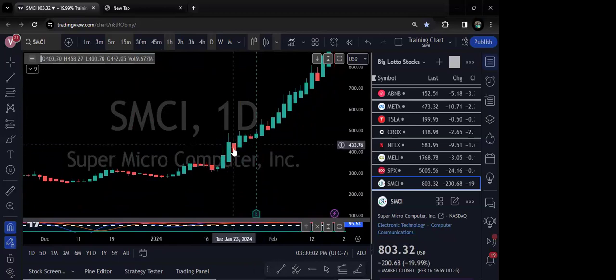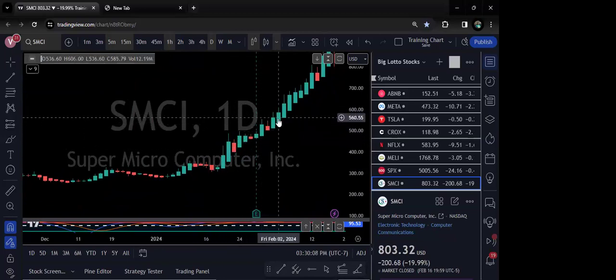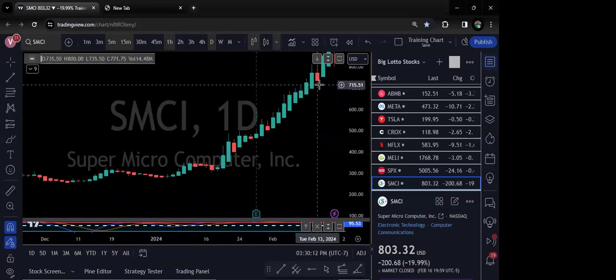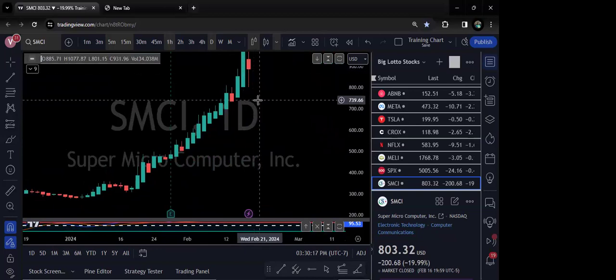That's why you're seeing these candles here. 1, 2, 3, up to 21. Always. Don't just assume, oh, SMCI is going to 1,000. Don't just assume.